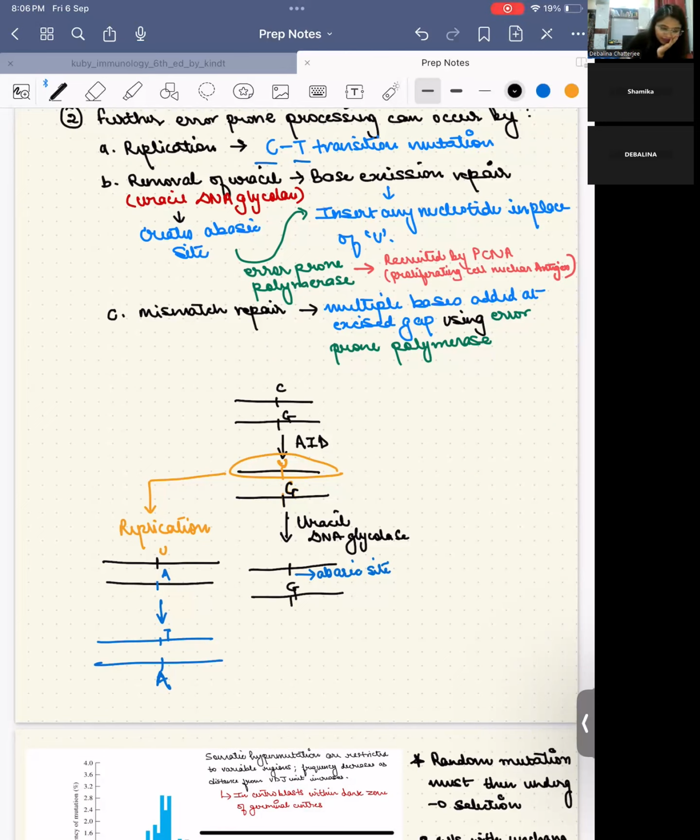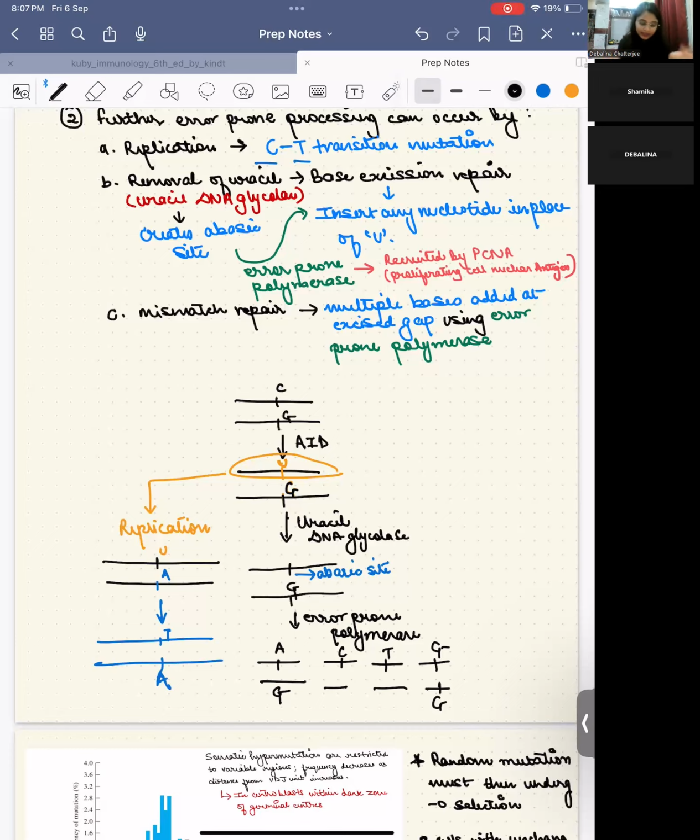So because of this error prone polymerase, this abasic site can be filled by A, G, C, or T. It can fill it up with any of the nucleotides.